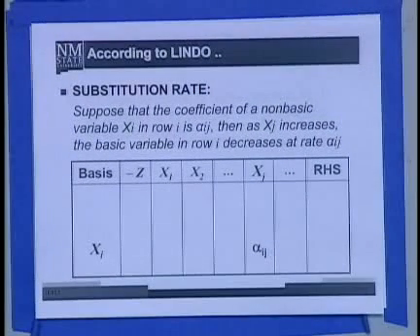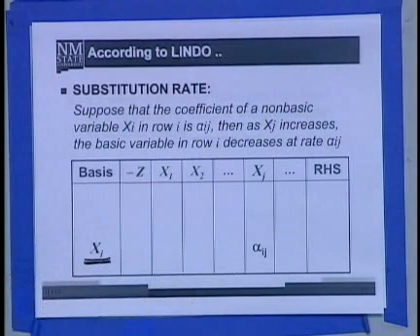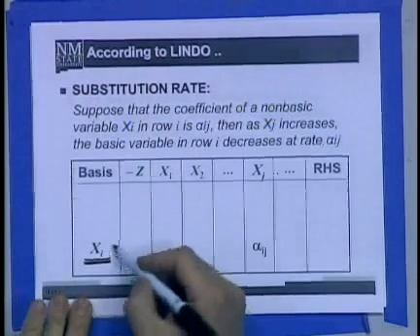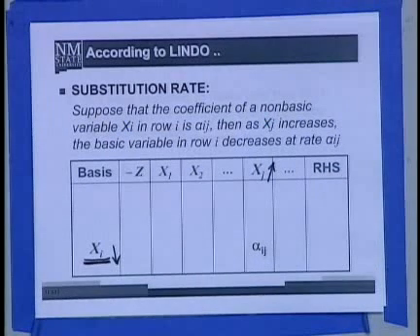We know the substitution rate alpha ij indicates how much the xi variable, that is the basic variable, decreases as xj, that is the non-basic variable, increases, right?